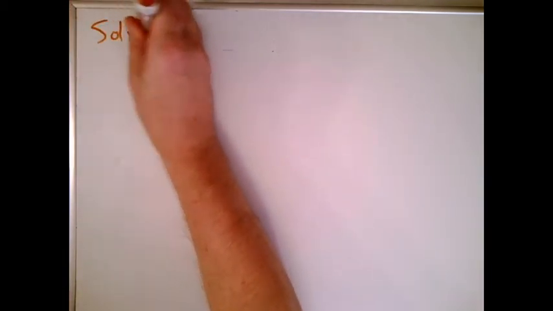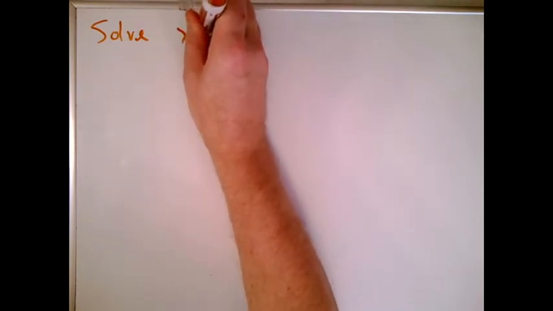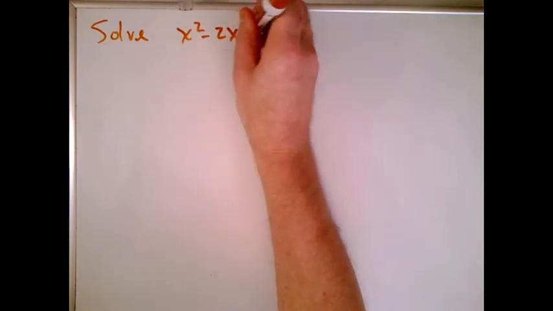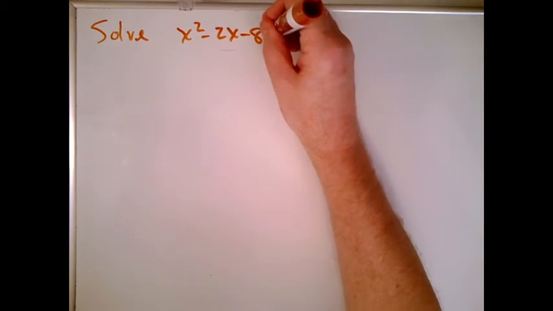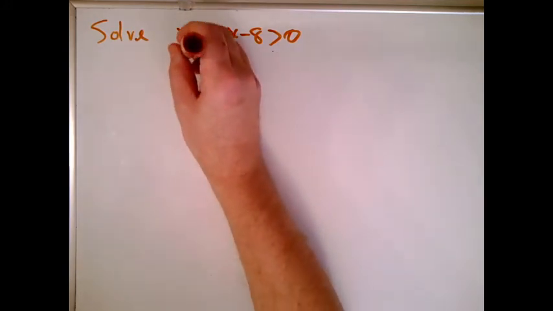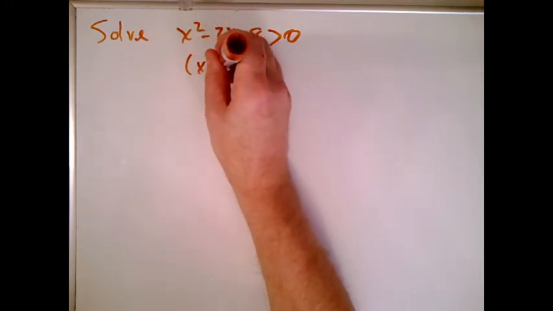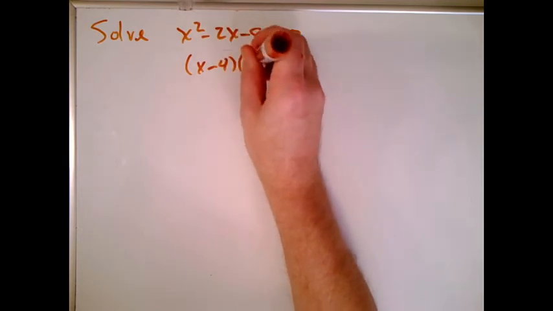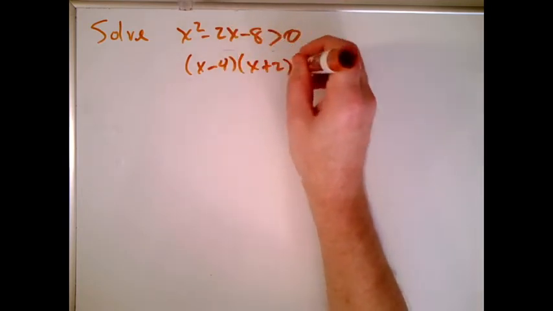So I'm going to write down solve, and how about something like x squared minus 2x minus 8 bigger than 0. Now, the way we always solve these is we get 0 on one side, and a single thing on the other side, all we have is the polynomial. Then we factor. This factors as x minus 4 times x plus 2, like that.